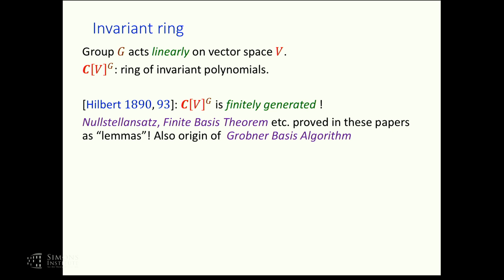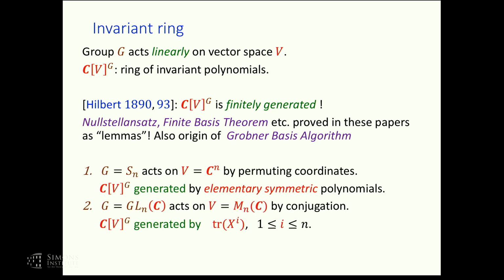And what are invariant theorists asking? So, just examples. In the case of the symmetric group, you ask what generates all symmetric polynomials. You probably know they are generated as an algebra, or as a ring, by the elementary symmetric polynomials. It's just a finite set.